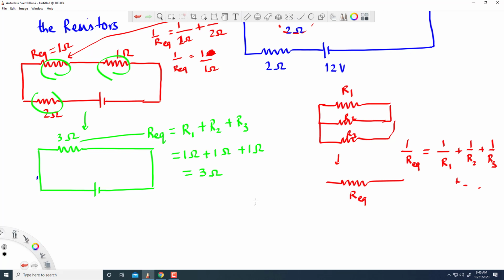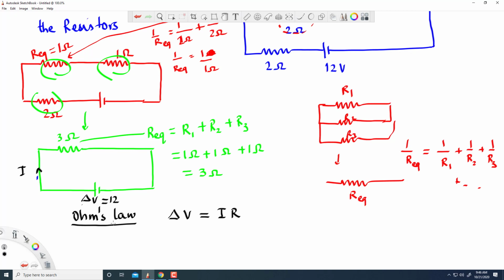Now, for the simplest circuit, we can apply Ohm's law. Ohm's law is delta V is equal to I times R. We have delta V given, 12 volts, and we have R, so we can find I in this circuit.